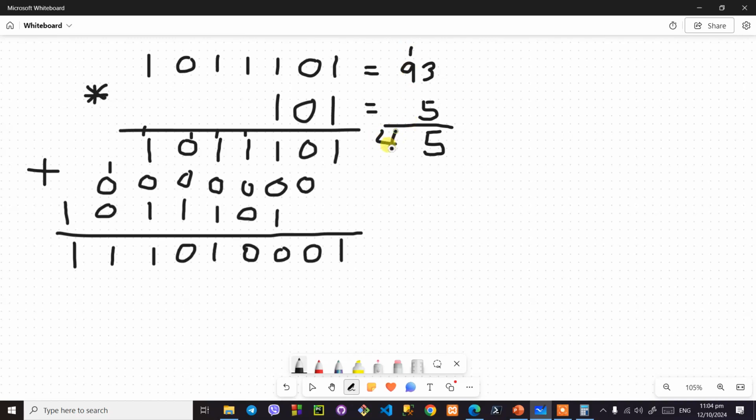So we have here 465. Okay? Base 10. So the result should also be 465.